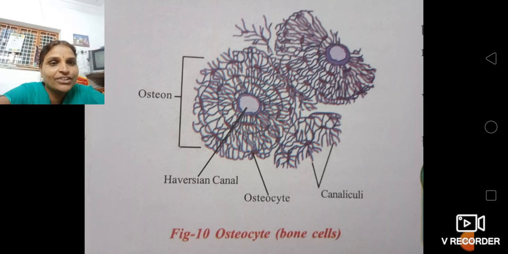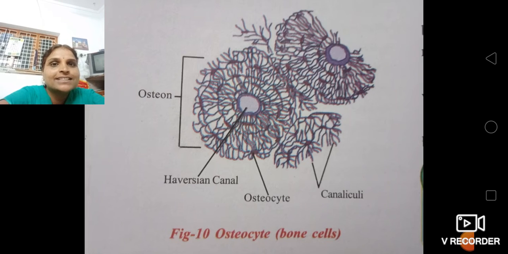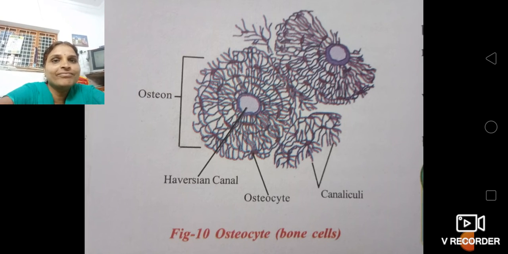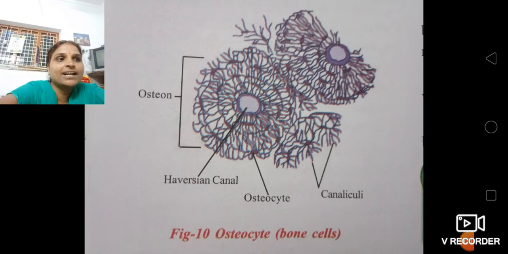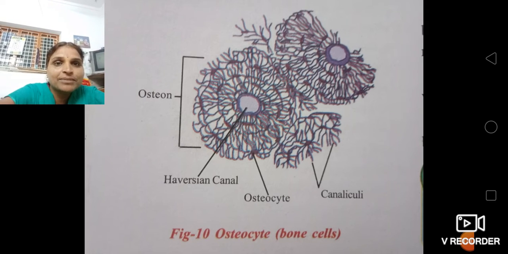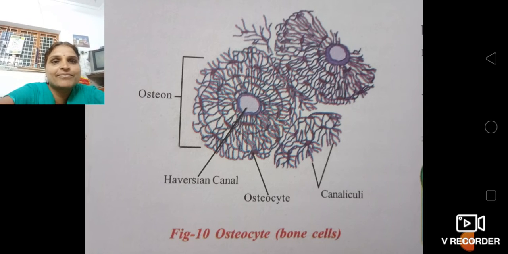Understood, all of you? The osteocyte cells secrete salts, and these salts help in the formation of bone.